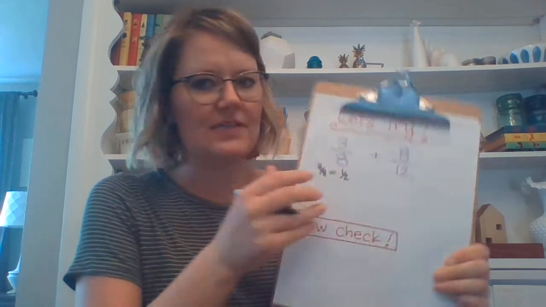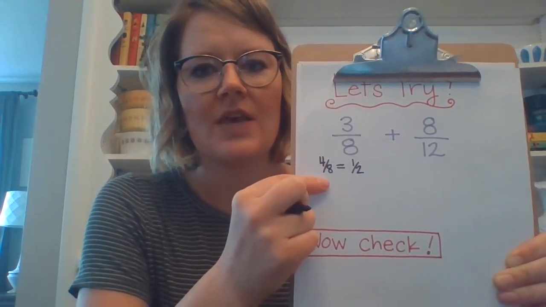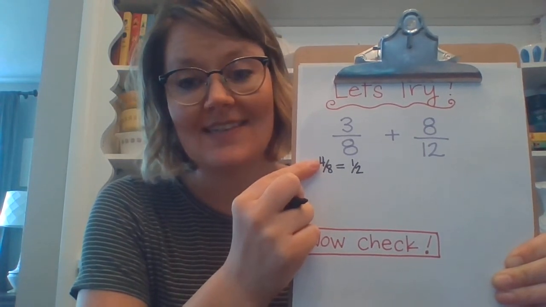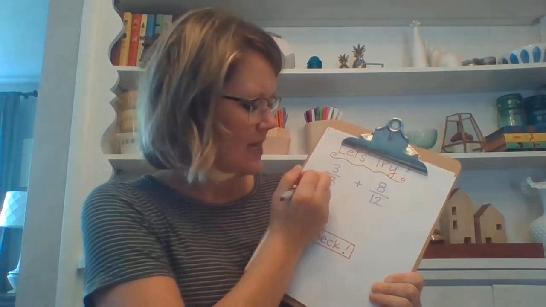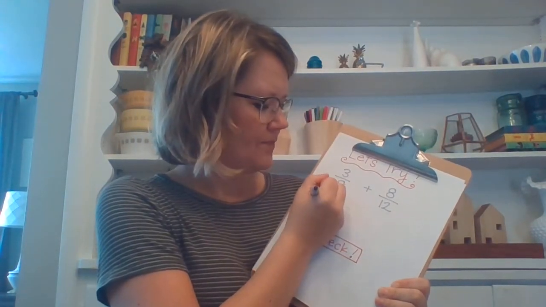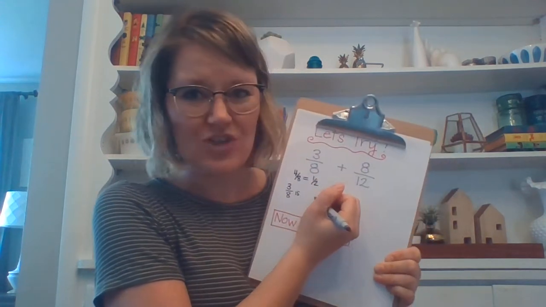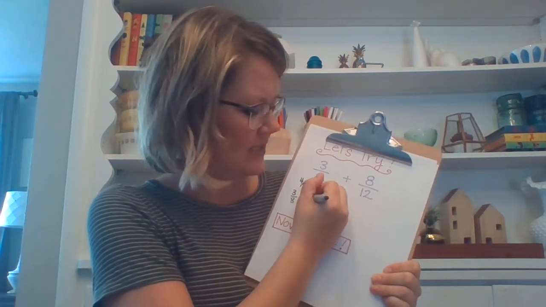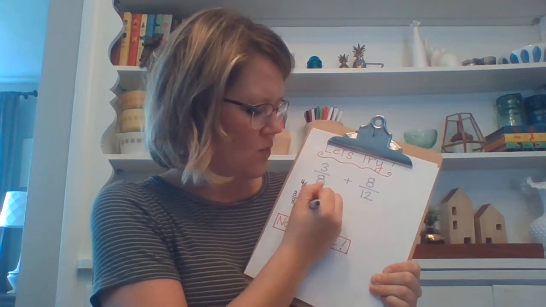We know that because the numerator is exactly half of the denominator. So if 4/8 is exactly equal to 1/2, then we know 3/8 is just under 1/2. So it's almost 1/2.